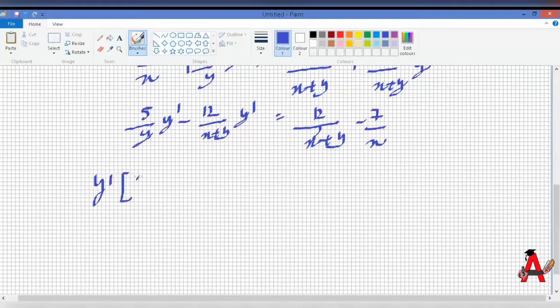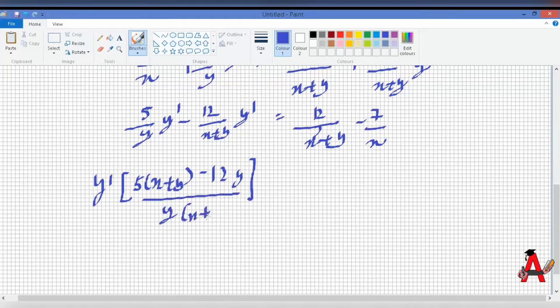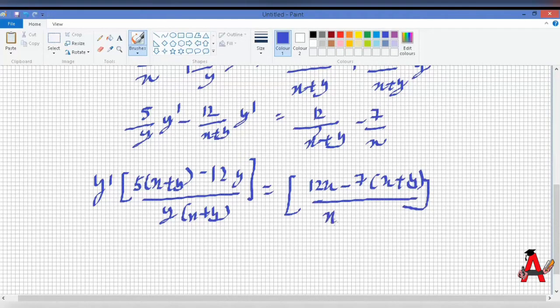You will get (5 into (x plus y) minus 12y) upon y into (x plus y). Similarly, on the right hand side, you will get (12 into x minus 7 into (x plus y)) upon x into (x plus y).